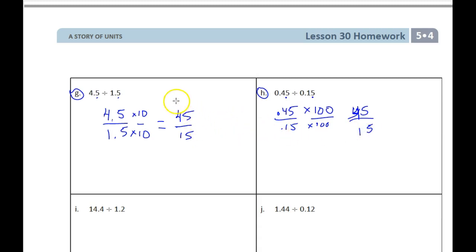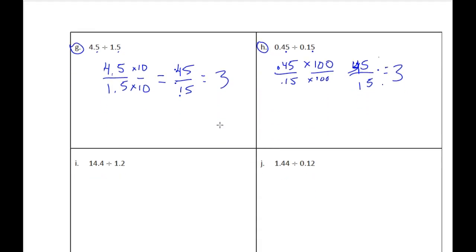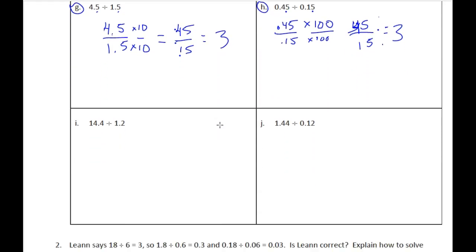Look, we ended up with the same thing. 45 divided by 15. Now I know on a clock that 45 minutes divided by 15, there's actually 3 sets of 15 in it. So the answer to both of them is 3, because they changed place values evenly.